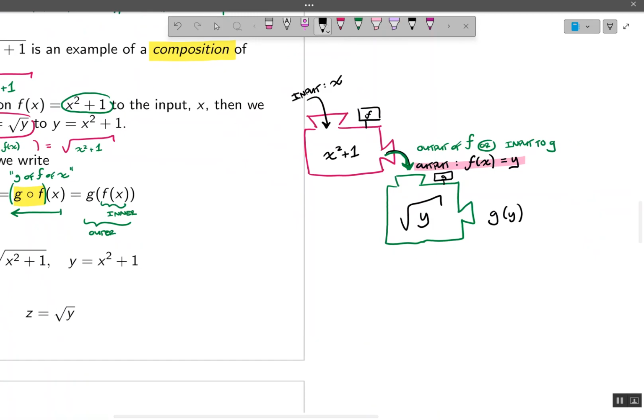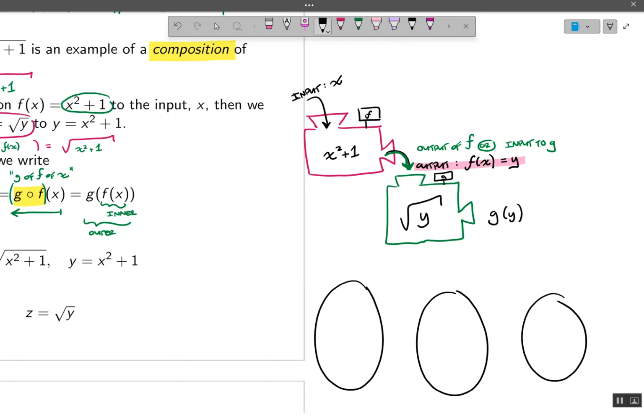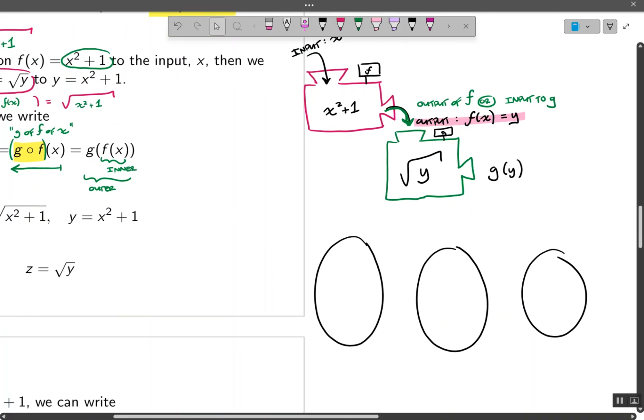So we can also, I think we will draw another diagram. We have this set right here, which is the domain of f.